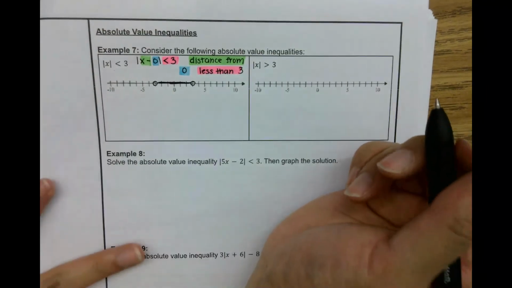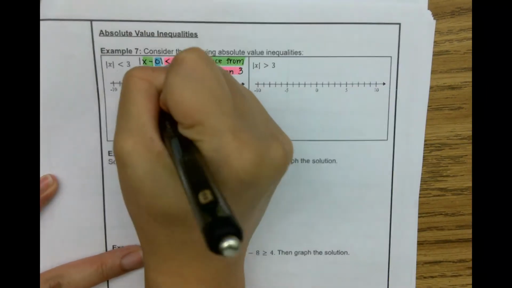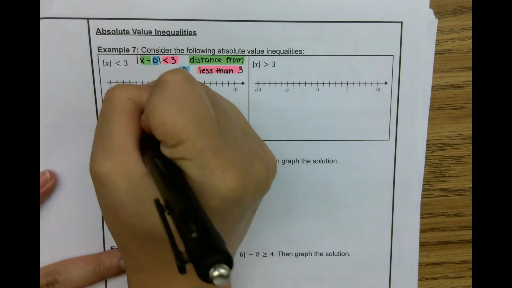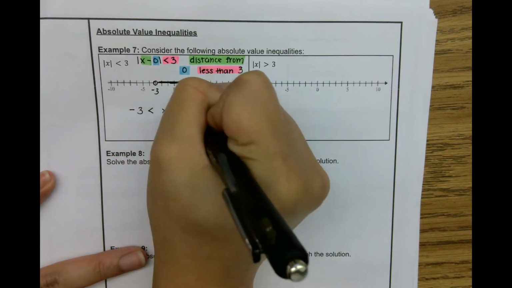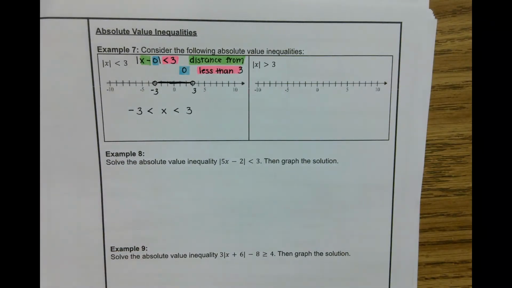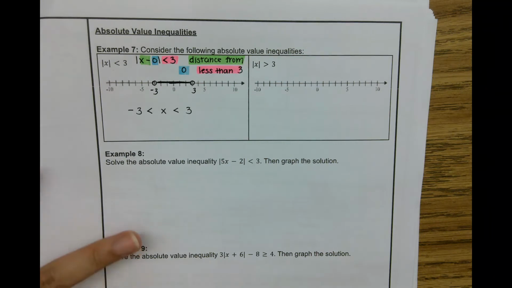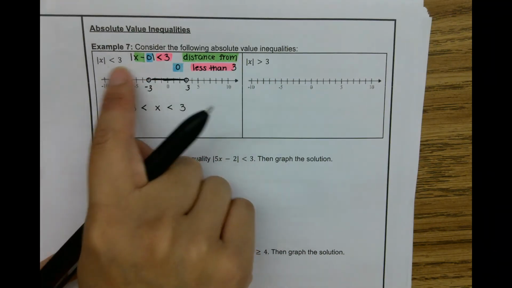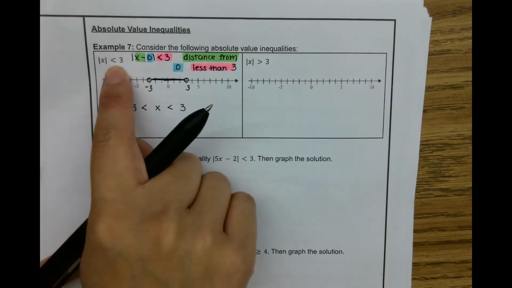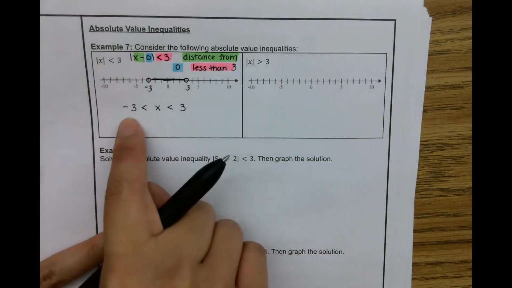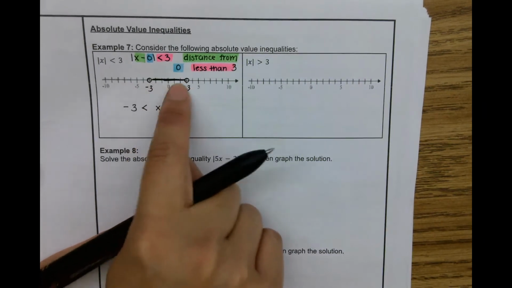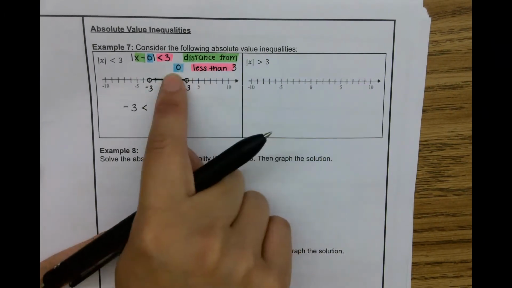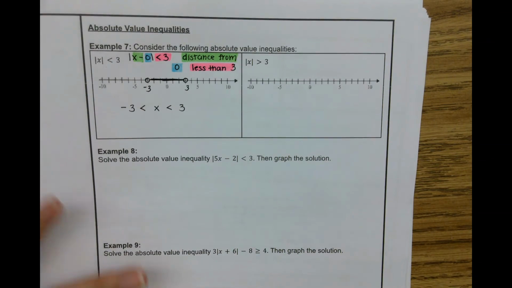What you would notice is this is negative 3, and if we wrote it, it'd be negative 3 less than x less than 3. So for the absolute value of x less than 3, that is all x values that are between negative 3 and 3. Because all the numbers in between here have a distance from 0 that is less than 3.